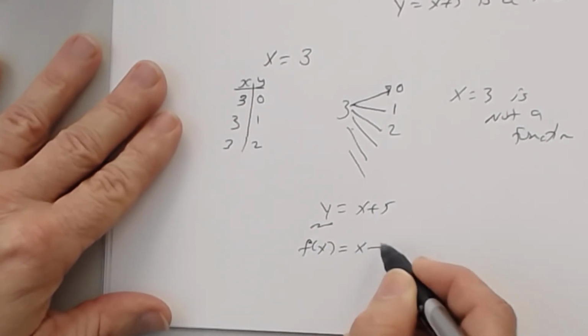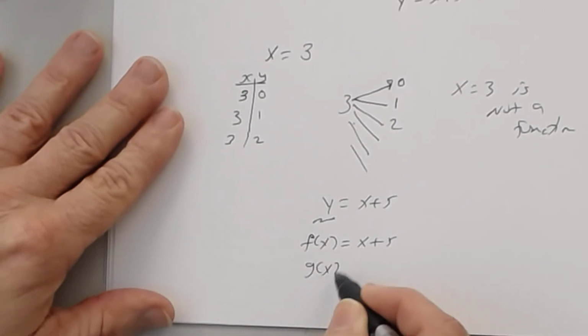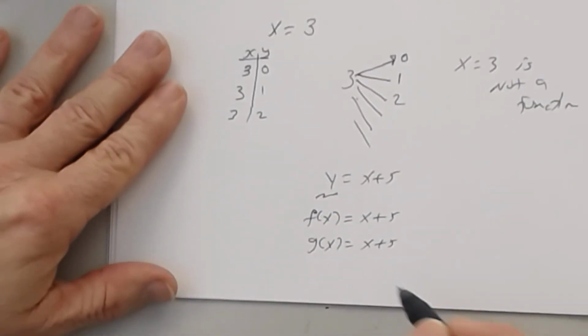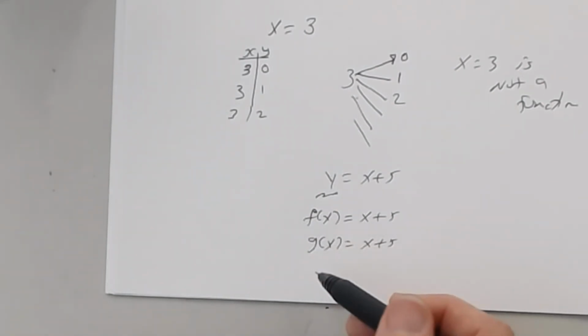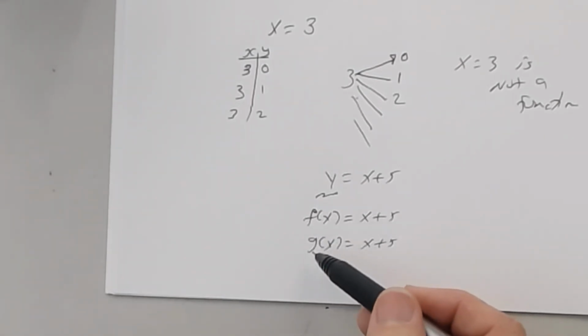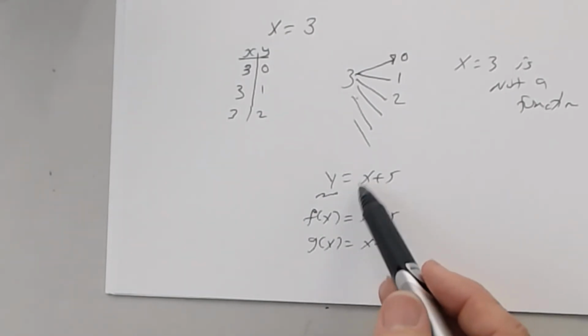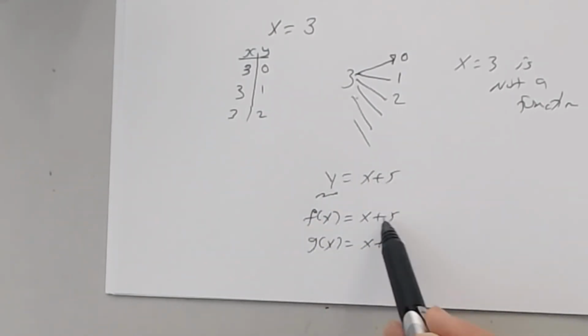Or it could be g of x, whatever letter you want to use. It's not always just f of x. It could be g of x, h of x, k of x, m of x, whatever. But that's function notation. It means the same thing, guys. This right here means the same thing as this. It's just a different way of writing something.